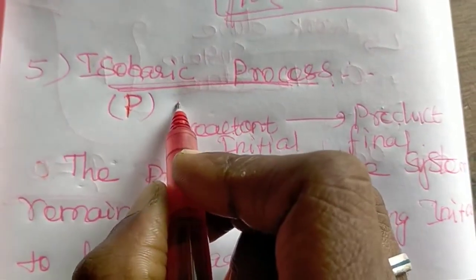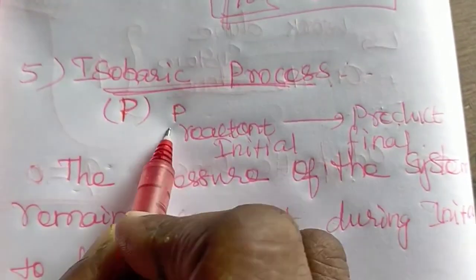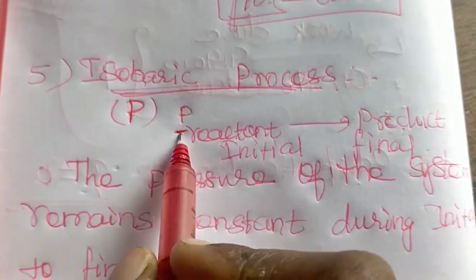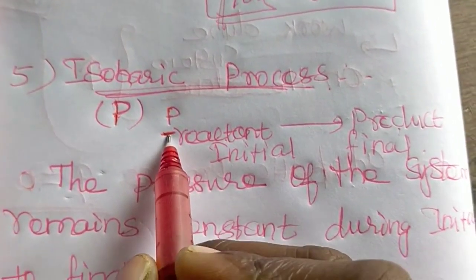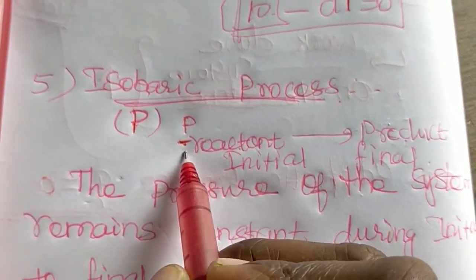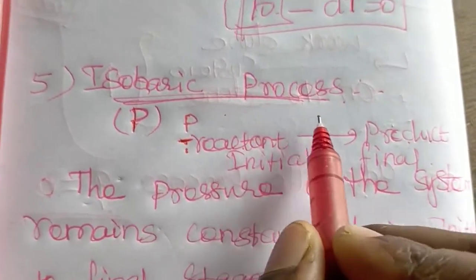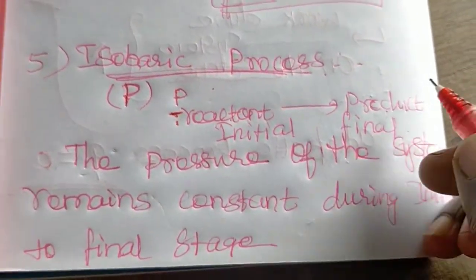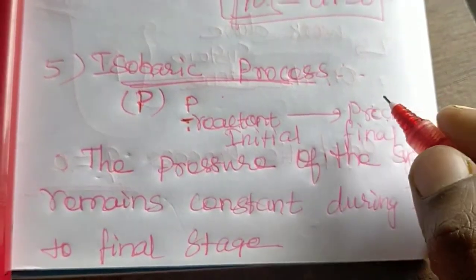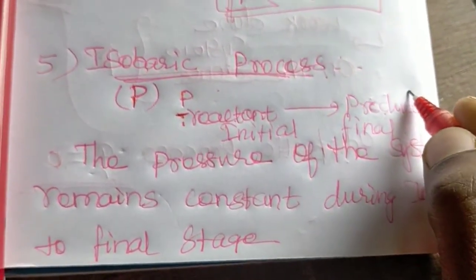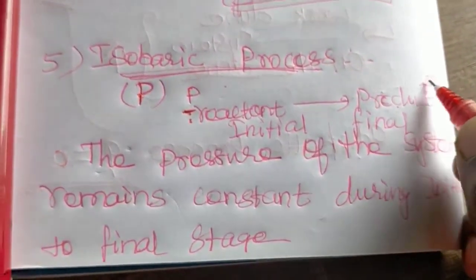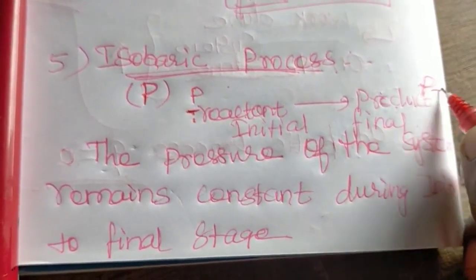If you measure the pressure of a system at the initial stage when you start the reaction, you can note the pressure of the system. Then note the pressure until the system reaches the product, and at the final product also note the pressure.